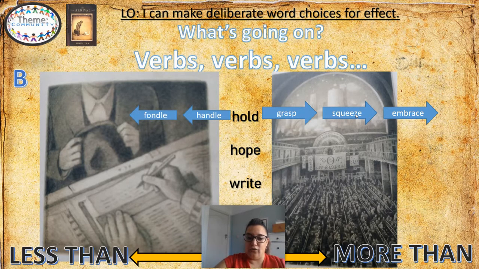Less than that, just a fondle. So again, using the fingers as opposed to the whole hand. Less than that, I might just clinch it. So it might just be resting on one or two fingers. It's usually when accidents happen, when things are just being clinched.